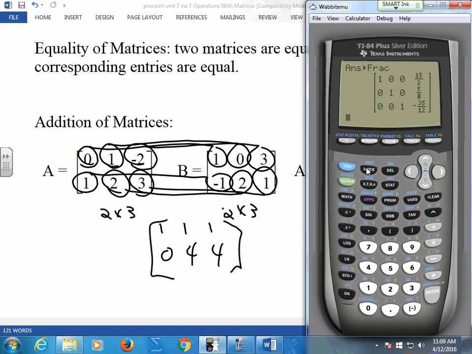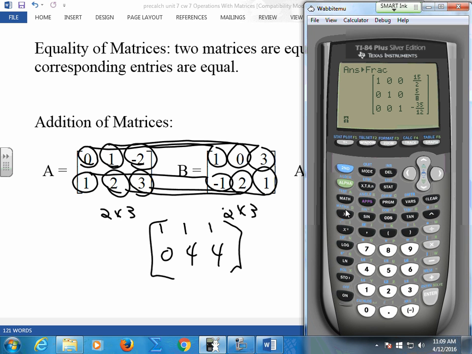Now, if you want to make sure that you have what you need in your matrix, again, second matrix, click on A, and say, show me what I put in A. There's A. Make sure that it's what you wanted to put in. Click on matrix B. Come to B, click on B. Say, yep, that's what I wanted to put in also.